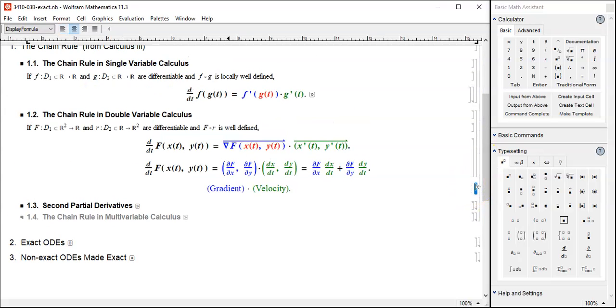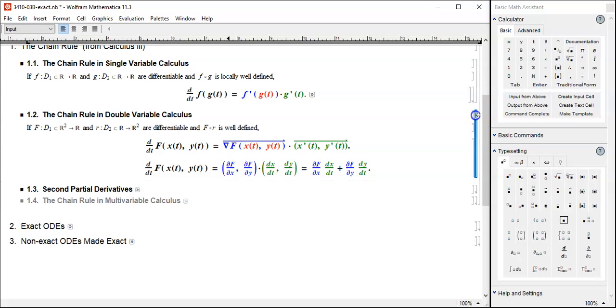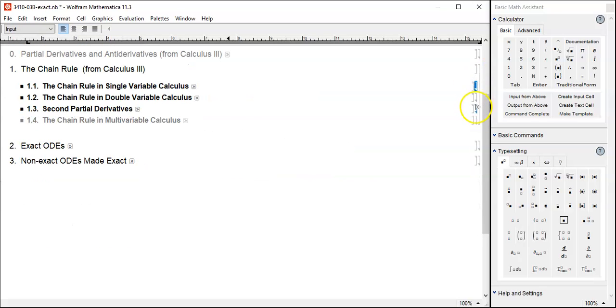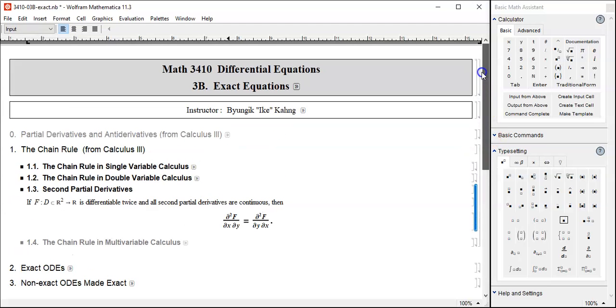Okay, that's the chain rule, and we have one more topic to go. That is second partial derivatives. How about the second derivatives? Well, there is more than one component, so there is more than one partial derivative out there. So here's a question. In which order do you have to take them?